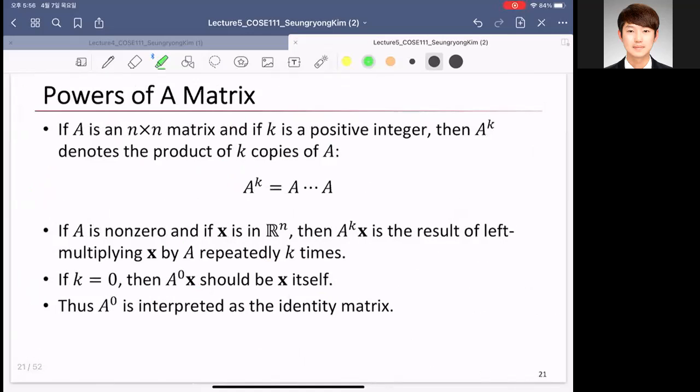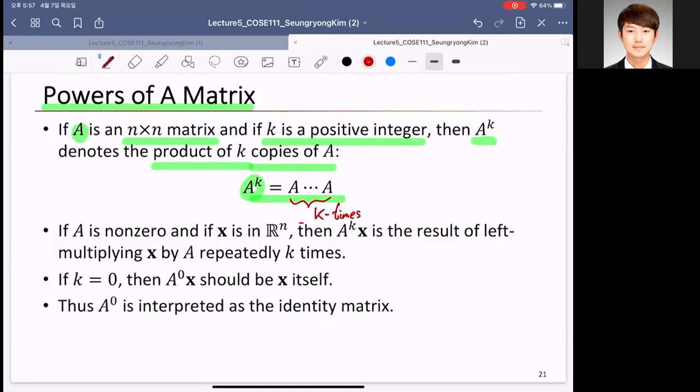One more thing is the power of a matrix A. If matrix A is an n by n matrix and k is a positive integer, A^k denotes the product of k copies of matrix A. So A^k can be represented by A times A times A, k times multiplication.